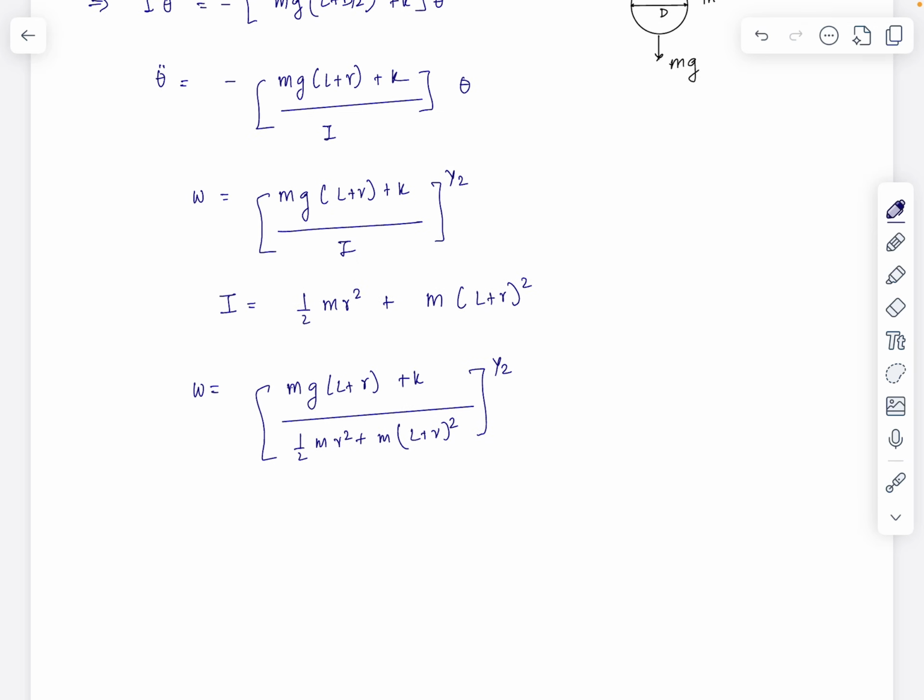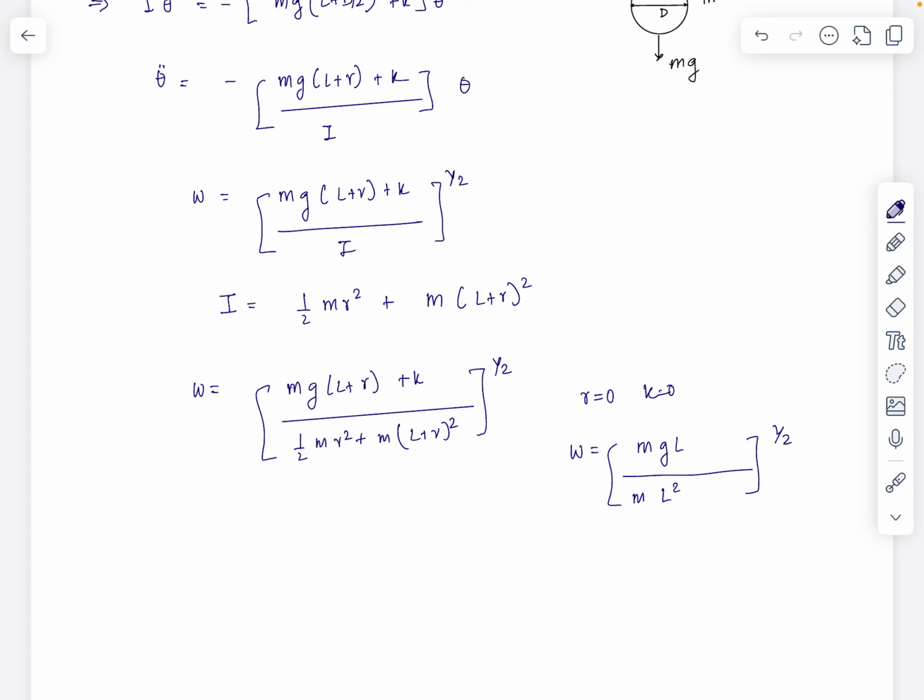Now we want to see whether we've got the correct expression. So we will set r equal to 0 and we'll set k equal to 0. In that special case, we get omega equals the square root of mgL divided by m L squared.